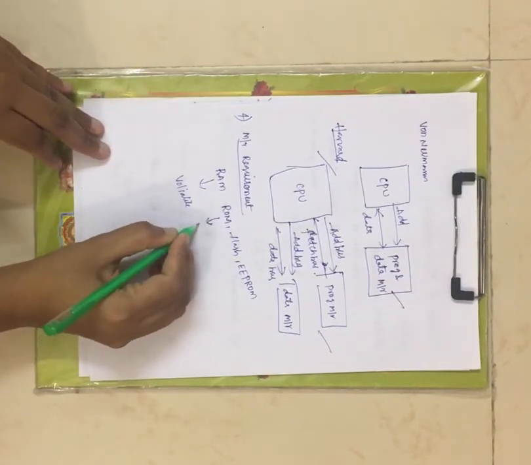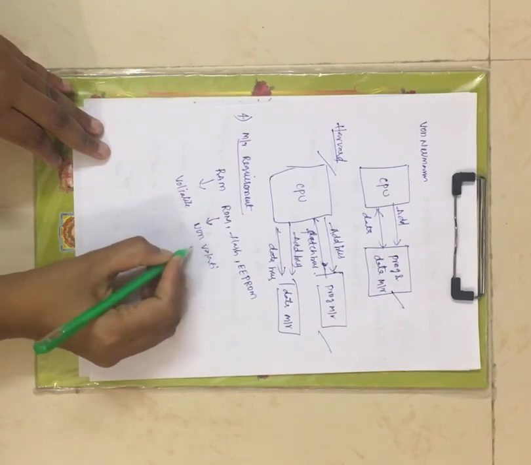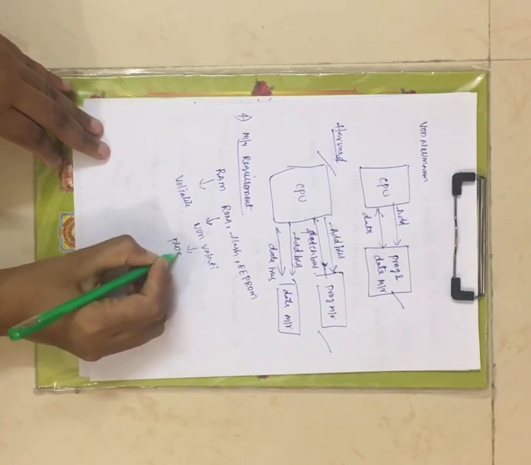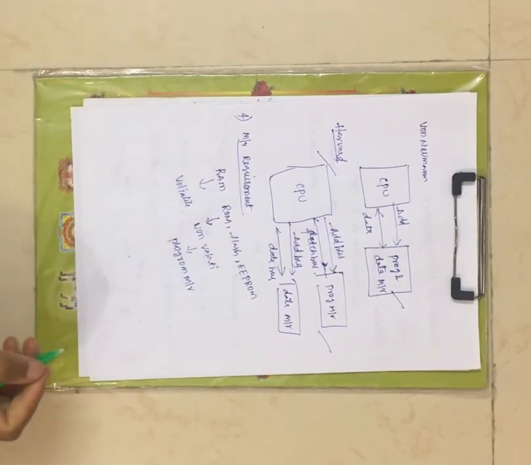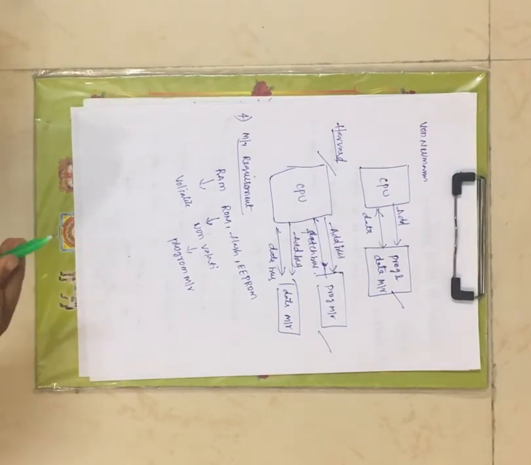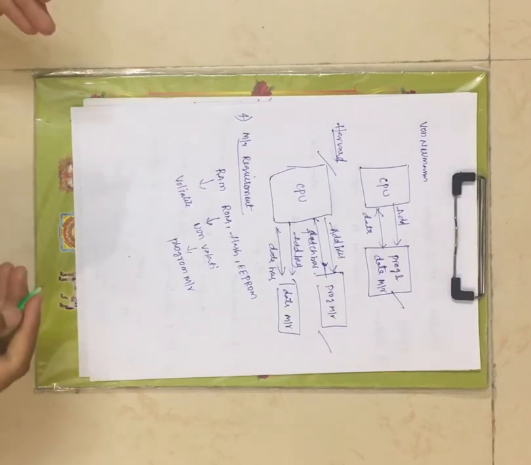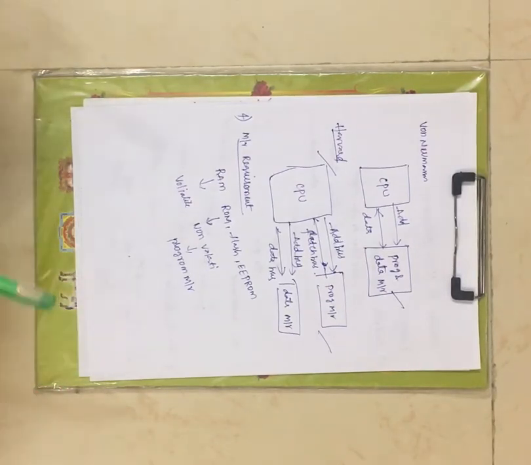ROM is a non-volatile memory, nothing but the program memory. ROM is the program memory and RAM is the data memory. You have to choose a microcontroller such that it has a large amount of RAM and ROM.